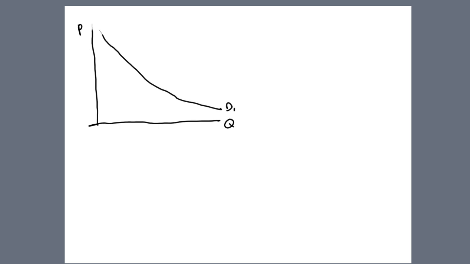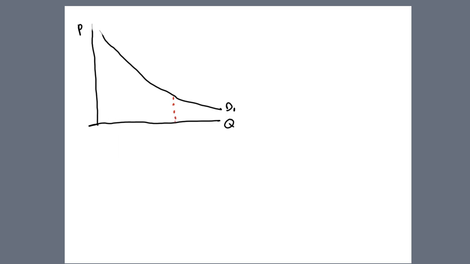The reason it's downward sloping is because of our law of demand, which tells us that for a normal good, as prices decrease, demand increases, all else kept equal, ceteris paribus. For this demand curve, I could think about the quantity demanded at a certain point on the curve.